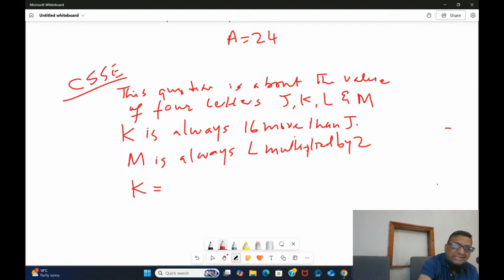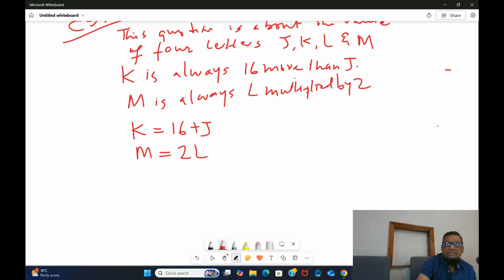K equal to 16 more than J, so 16 plus J. And M is L multiplied by 2, so we can write 2L. This is the expression we made.